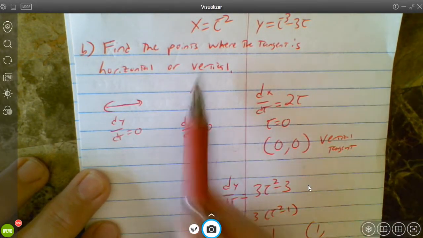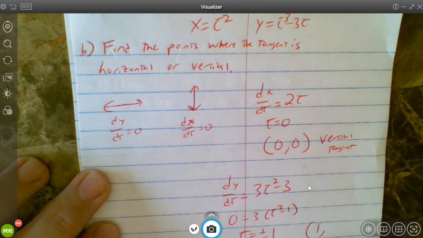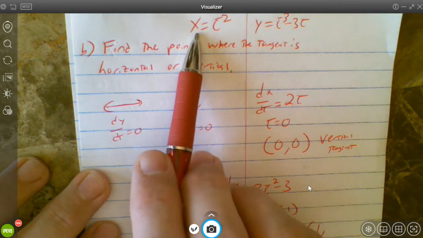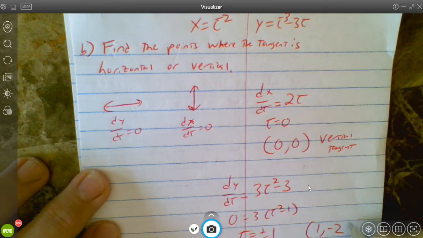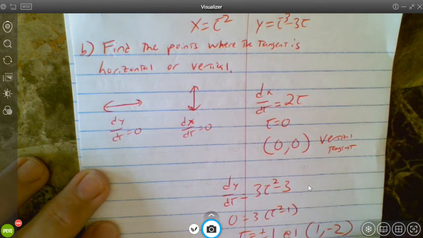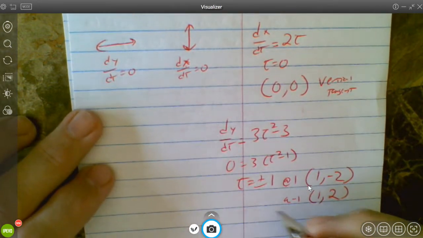I shouldn't have put that there, although it actually is 1. It just so happens when t is 1, x is 1. When t is 1, y is 1 minus 3, which is negative 2. So that's the point 1, negative 2. And at negative 1, I get 1 comma negative 1 plus 3, which is positive 2. So these are my horizontal tangents.